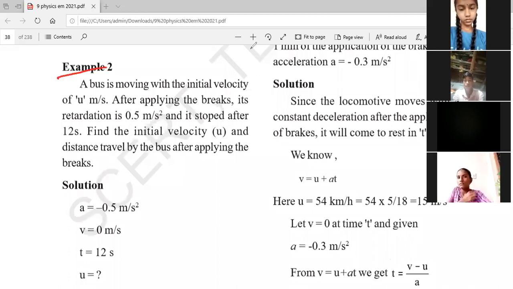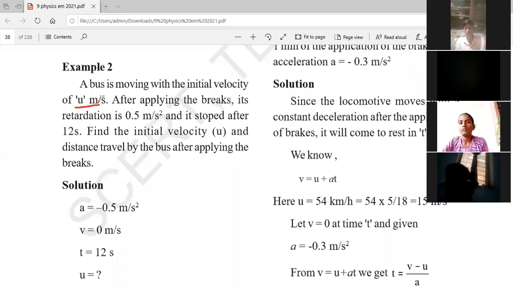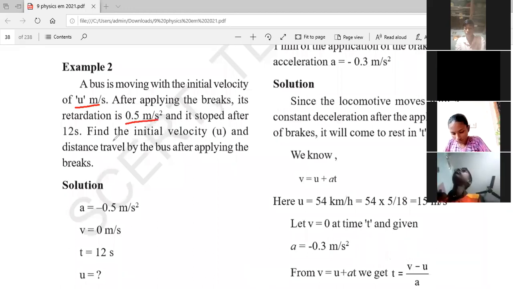See the next one. A bus is moving with the initial velocity u meter per second. After applying the brakes, its retardation is 0.5 meter per second square, and it stopped after 12 seconds.